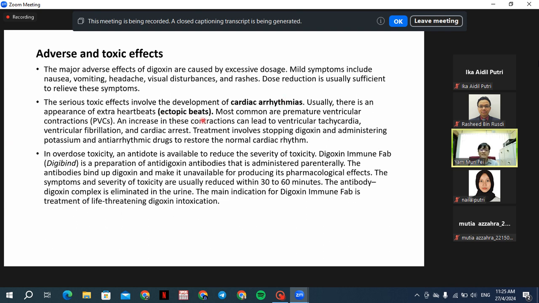Then what is the ectopic beat? Ectopic refers to a depolarization that is not smooth. There is some blockage during the depolarization process, which may interrupt the contraction effect. So this condition we call an ectopic beat.